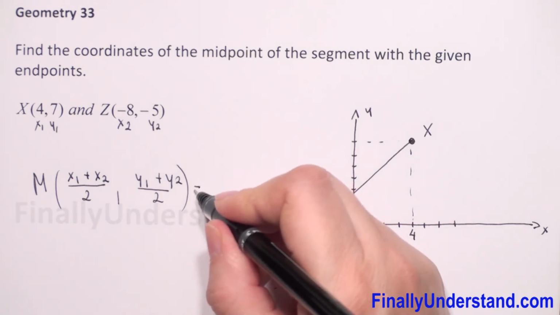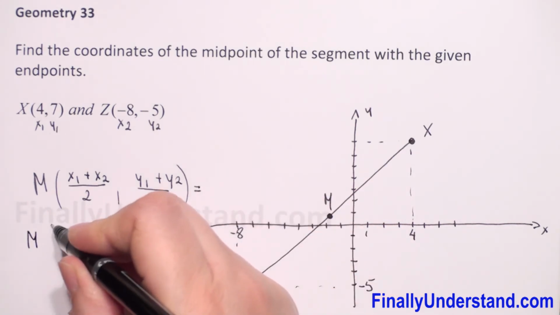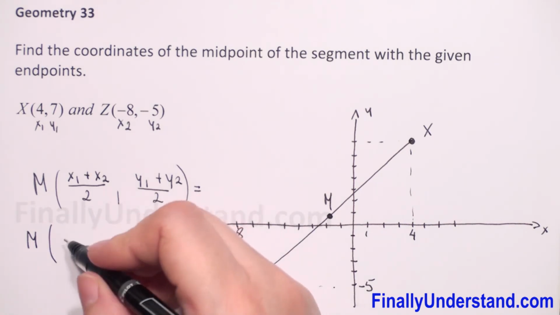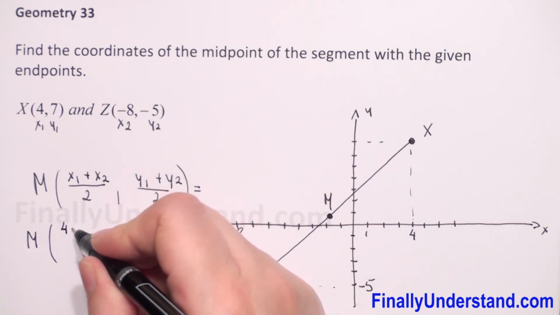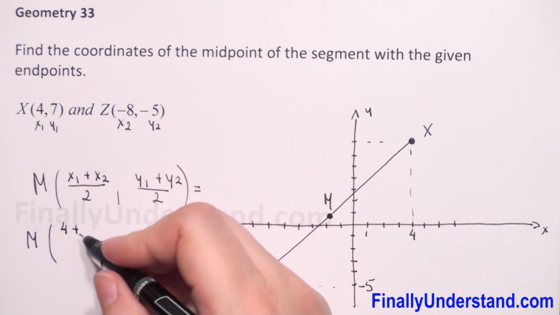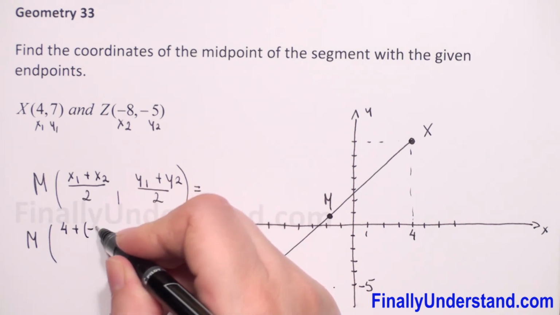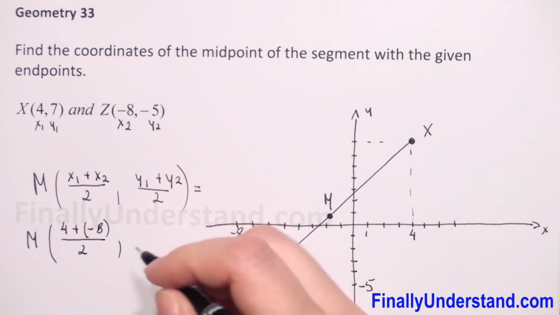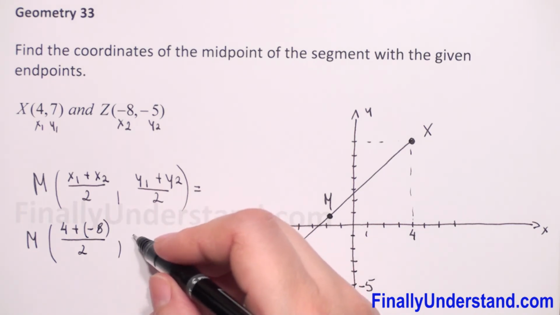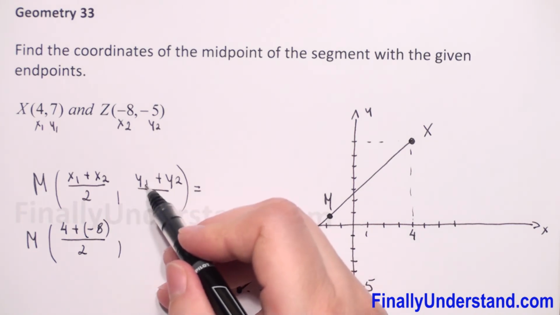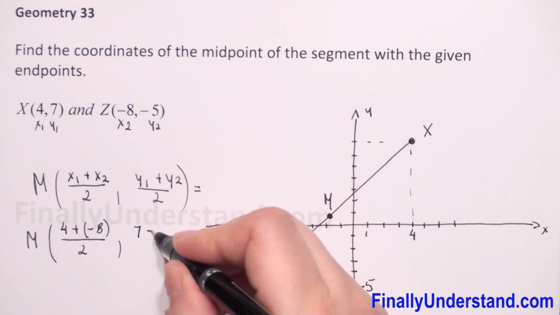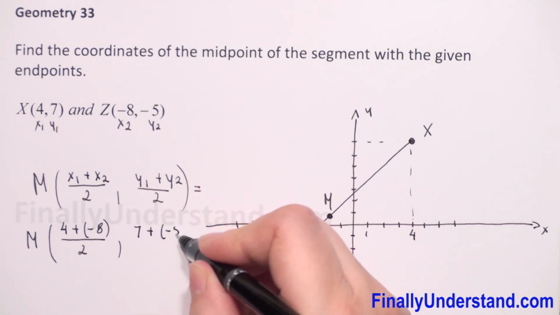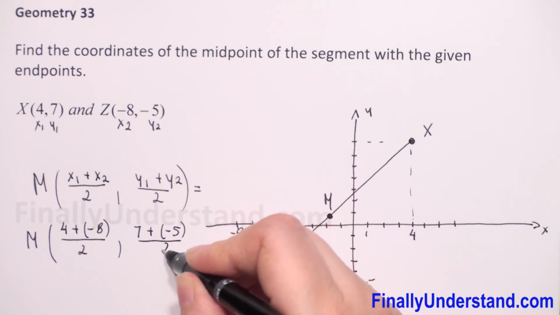So this is equal to: x1 is 4, plus x2 is -8, over 2, and the second coordinate is y1 is 7 plus y2 is -5, over 2.